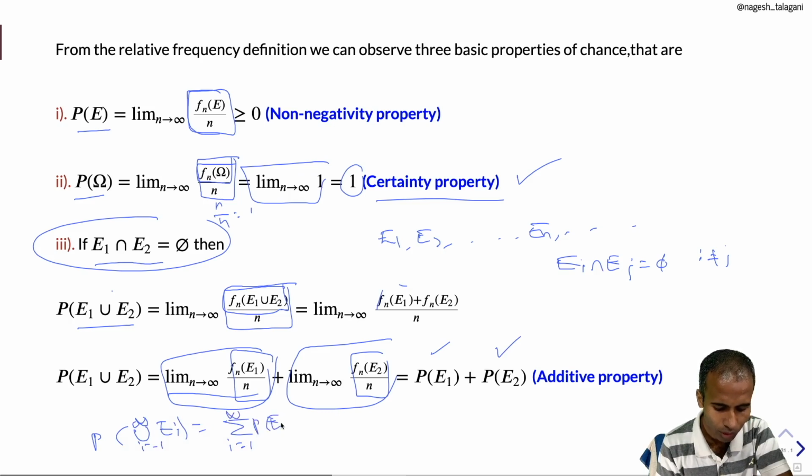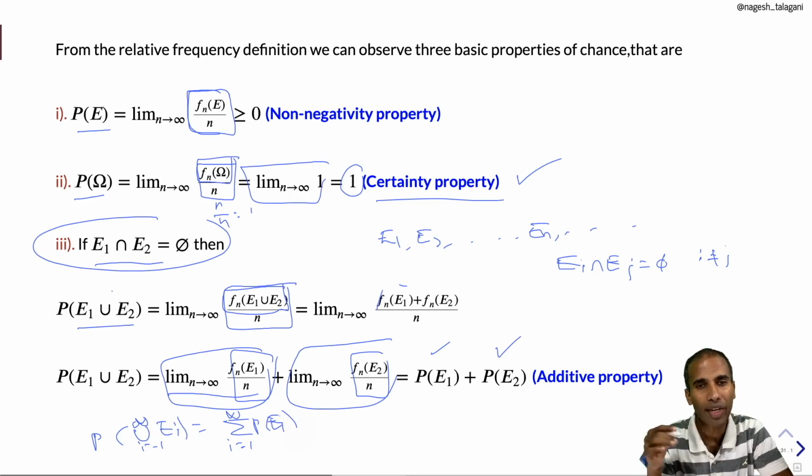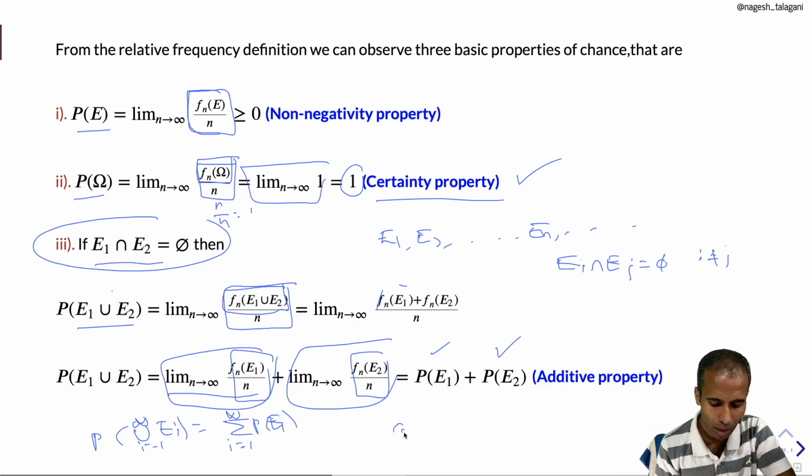We want this because whenever we have an infinite sample space, the third property is not going to be enough. That's why we need a stronger version of the third property, called countable additivity.